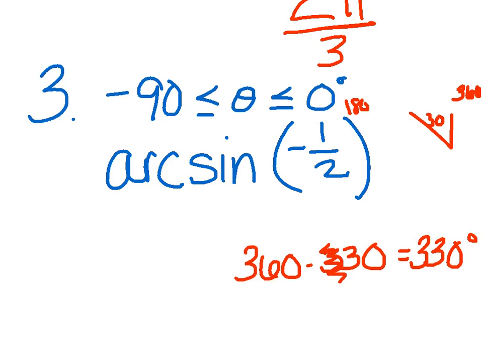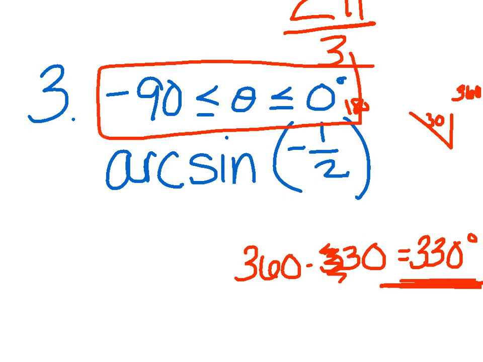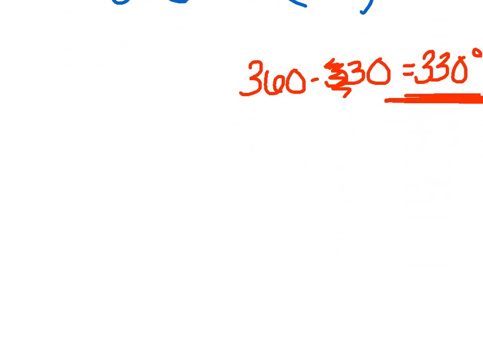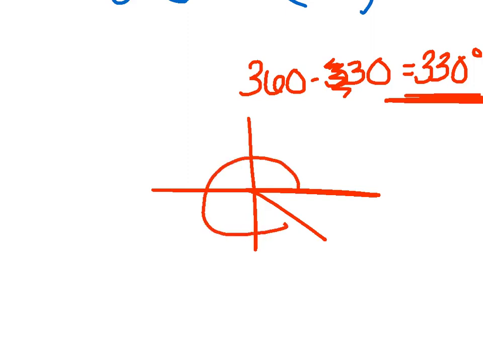Now, this is going to sound crazy, but that's not actually our answer either, because 330 degrees does not fall between -90 and 0. So here's what I'm going to do. I'm going to draw out 330 degrees, which would be from here to here. And I'm going to say, what is a coterminal angle? Do you remember coterminal from earlier in the week? Coterminal angle means they share the same terminal side.